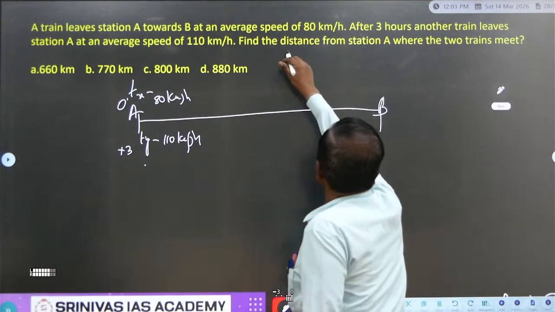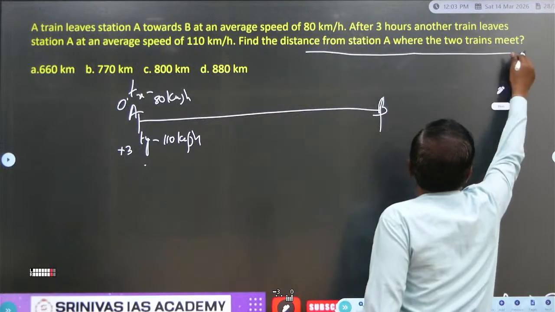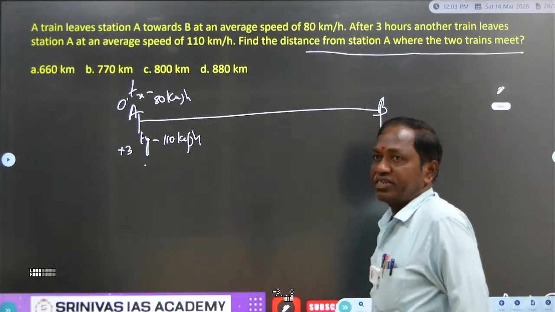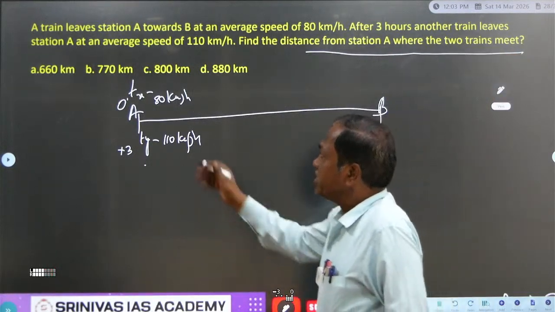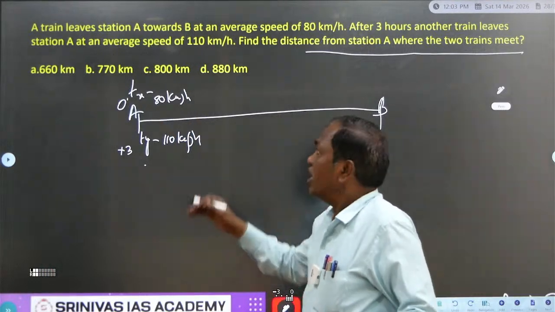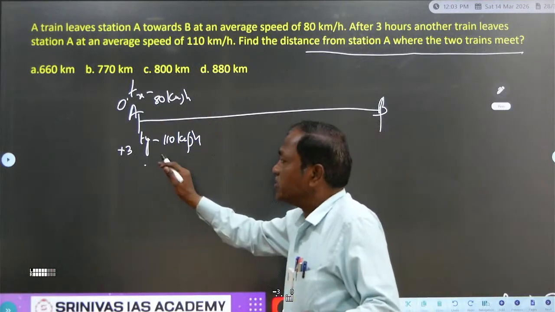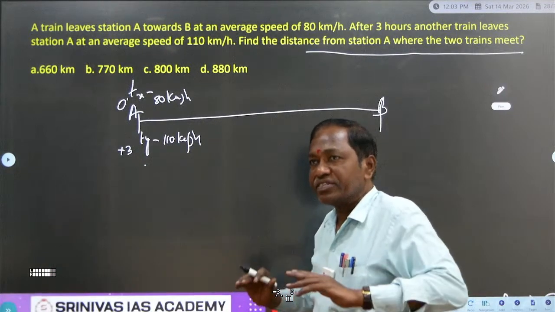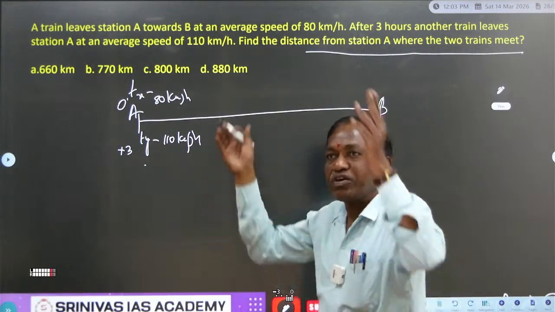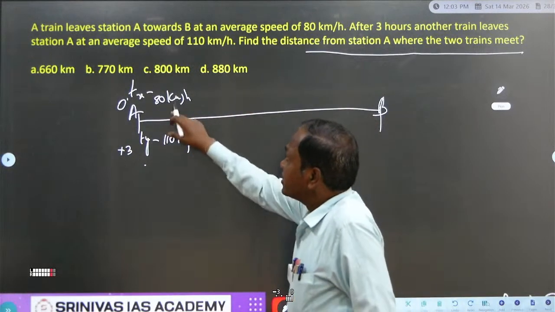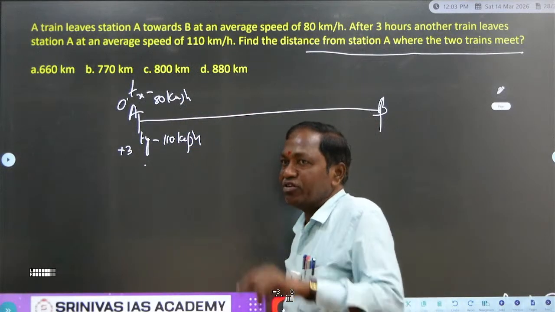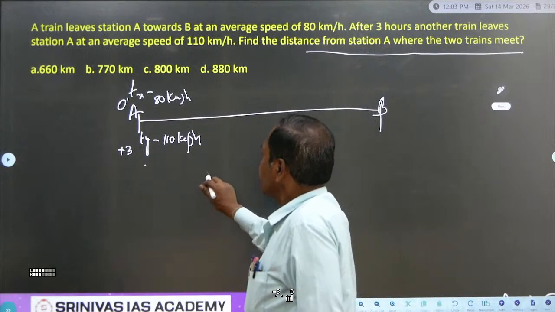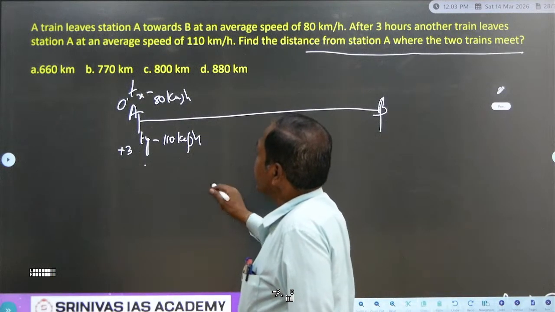Find the distance from station A where the trains meet. It means a train leaves at a certain time at 80 kilometers per hour. Another train starts from the same point. Definitely the second train must increase its speed to cover the distance. What is the speed increased here? 30 kilometers per hour.